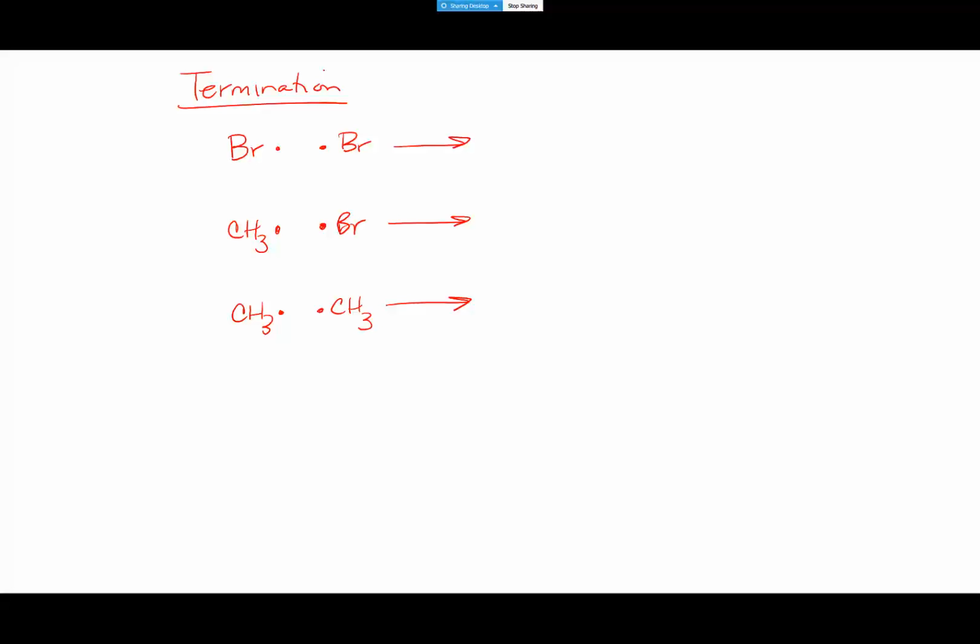Then that gives us a new product, which I'll talk about in a minute. So really, if you think I've got radical A and I've got radical B, the termination steps are 2 A's, an A and a B, and 2 B's reacting together.